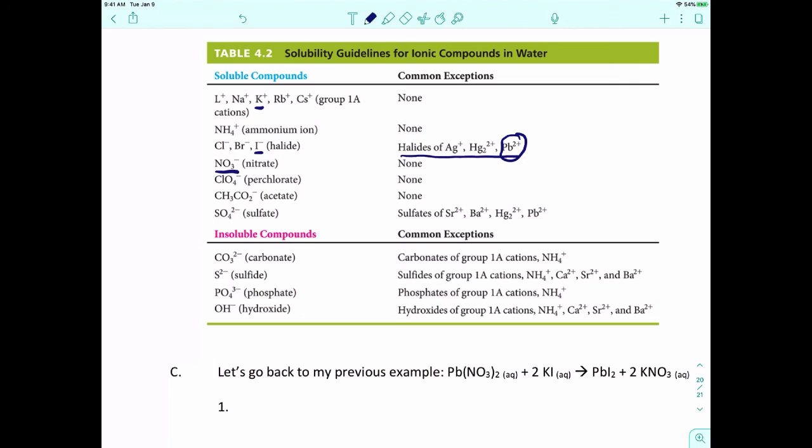So this is really important. You must know these solubility rules. Now, in the next video, we're going to apply these rules and figure out what really is going on at the atomic level for a precipitation reaction.